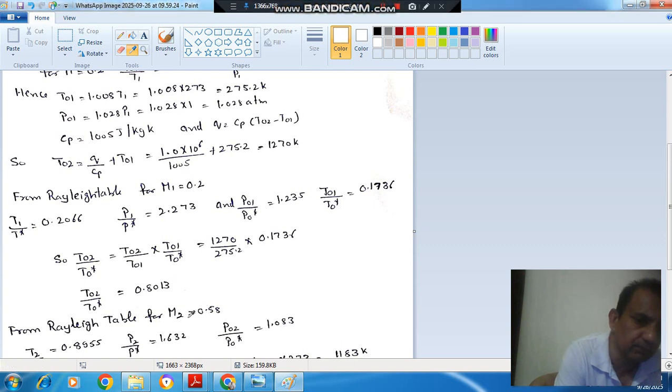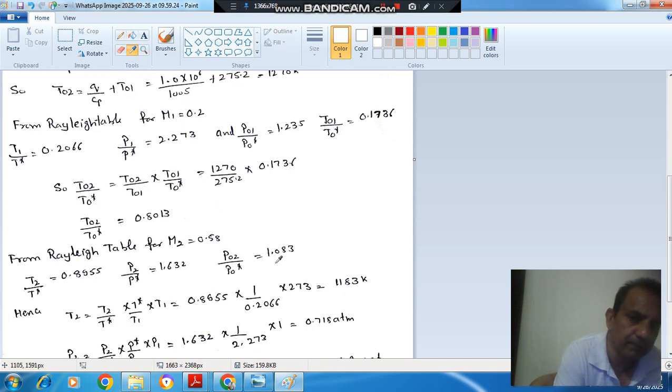Okay, so these properties are T2 by T star, P2 by P star, and P naught 2 by P naught star. So now we have T2 by T star, and we want to find out T2. We have P2 by P star, we want to find out P2, and we have P naught 2 by P naught star, so we want to find out P naught 2, and P star, T star, P naught star have the same value as corresponding to 0.2.